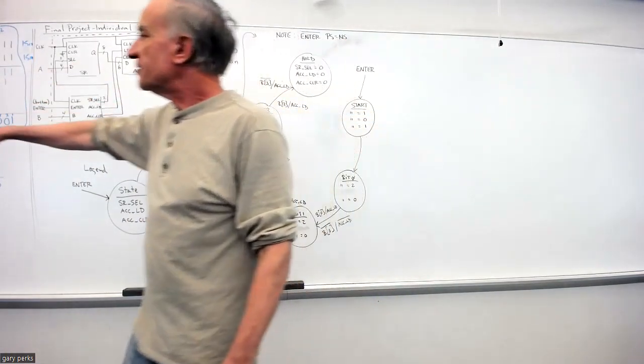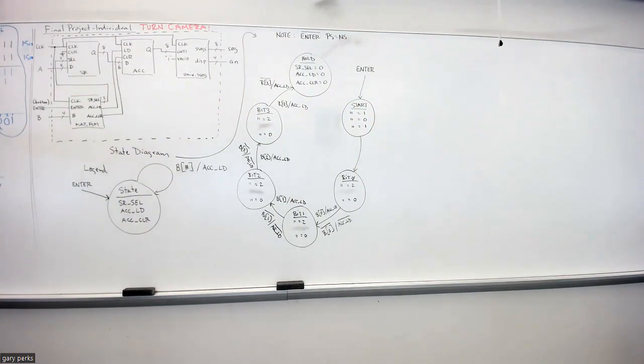Now, when we get to what you have to do for the final project, especially the team portion, I require you to submit more material than what you had to during the quarter for your lab work. And one of the things for your final project that you need to submit is a state diagram.